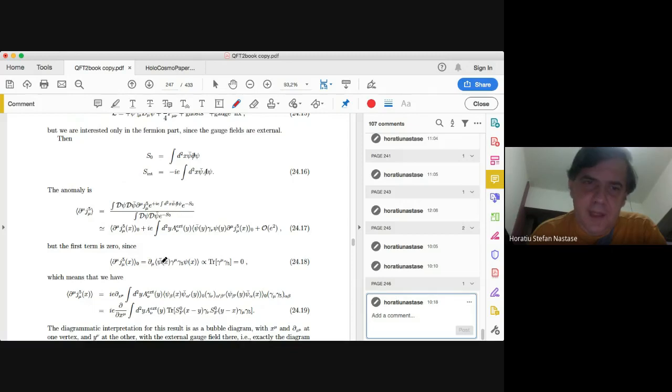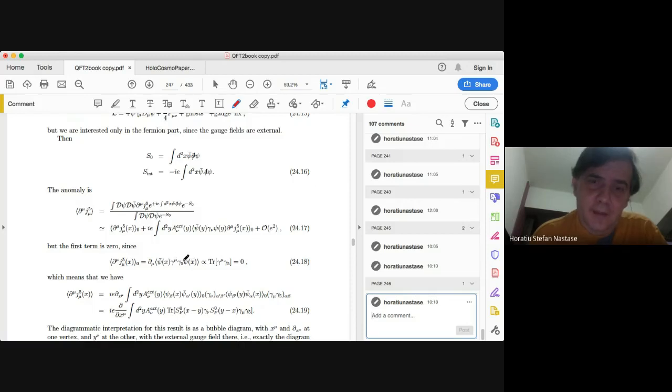So this is a path integral over ψ(x) and ψ̄(x). And this ψ and ψ̄ are at the same point. So when I do the integral, I would have something like a propagator from x to x, which is divergent, but what is interesting for us is the trace structure.